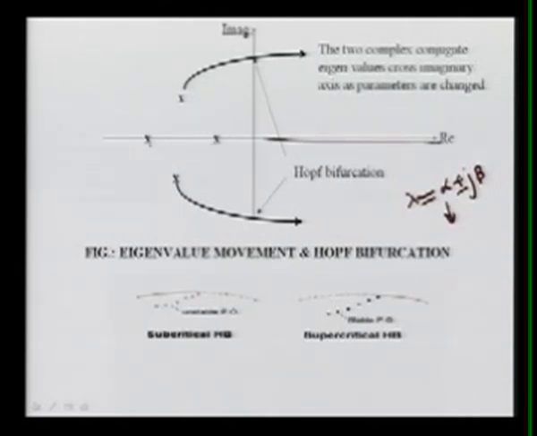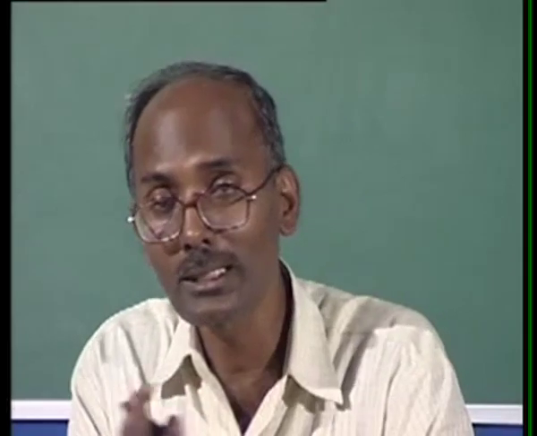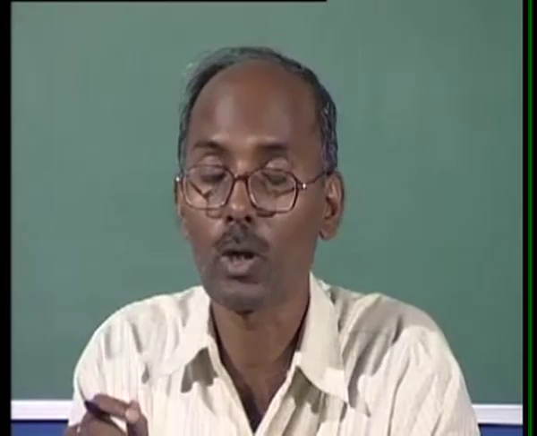There is a possibility that alpha and beta are not 0, and then we will have a pair of eigenvalues. If you keep on increasing your load, they may move and cross the imaginary axis. The point at which they cross the imaginary axis is called the Hopf bifurcation point.